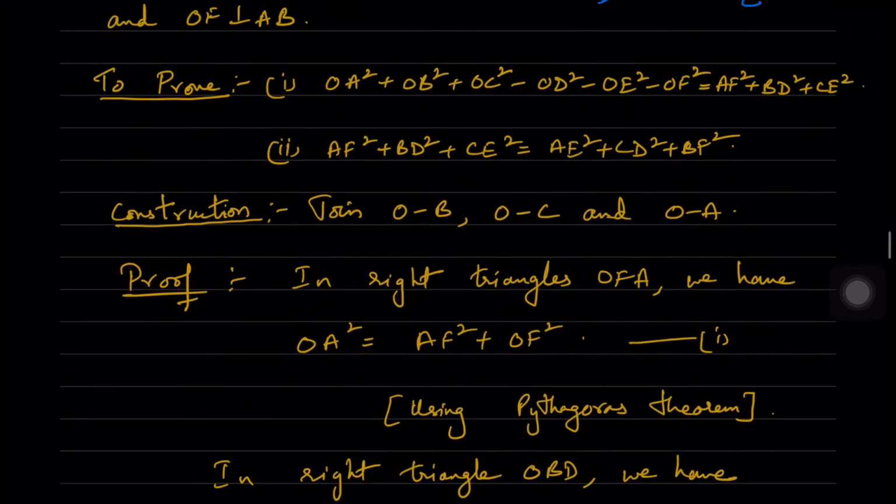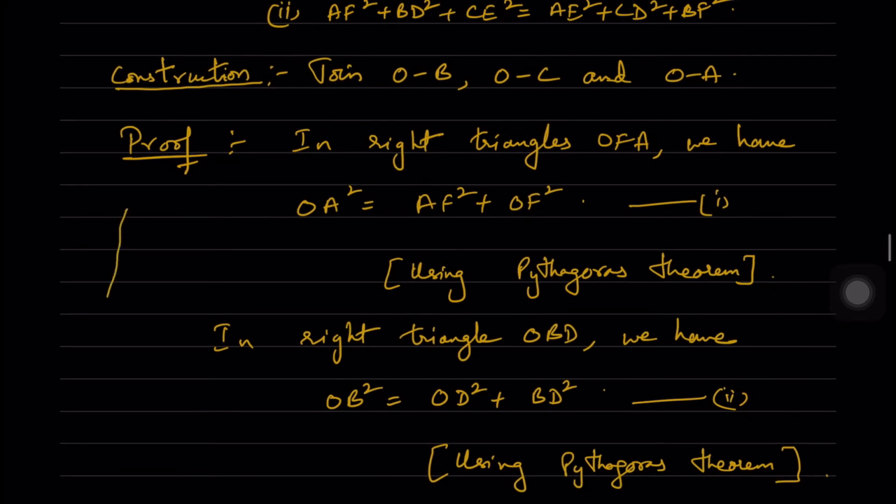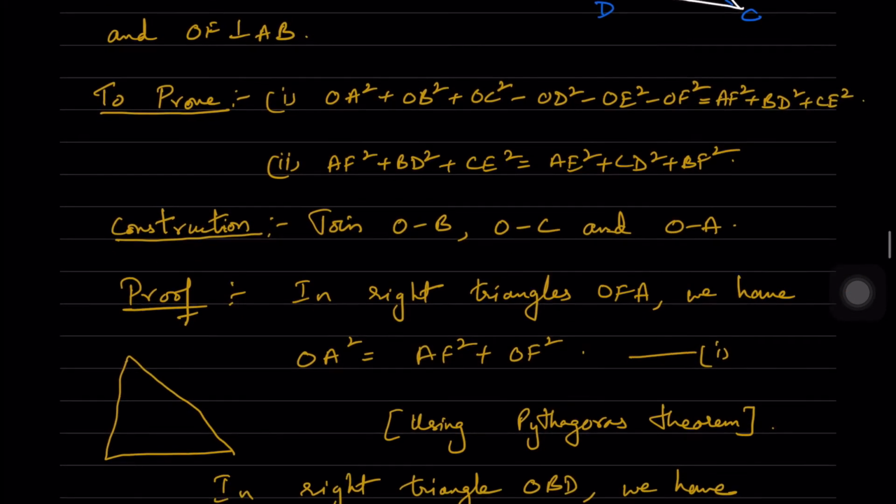Again, if we draw the figure here once again, you can understand it better. This is O, the center point, and from here you have all lines drawn this way, which are all perpendiculars.